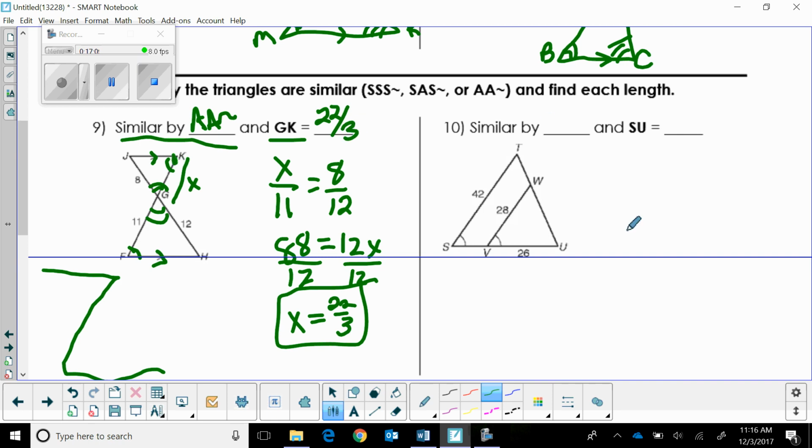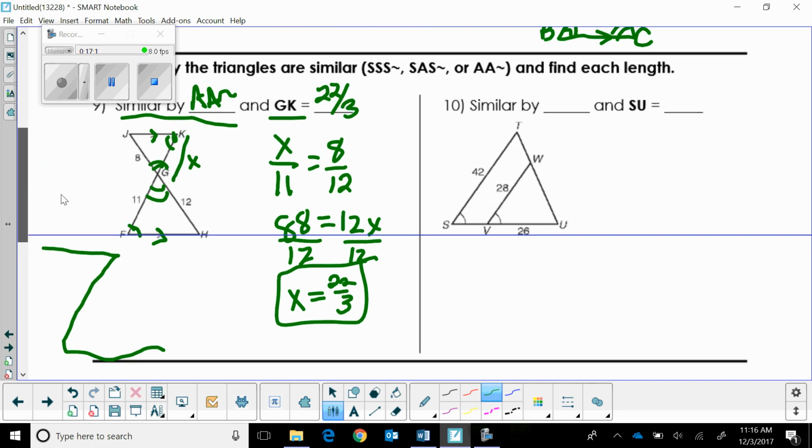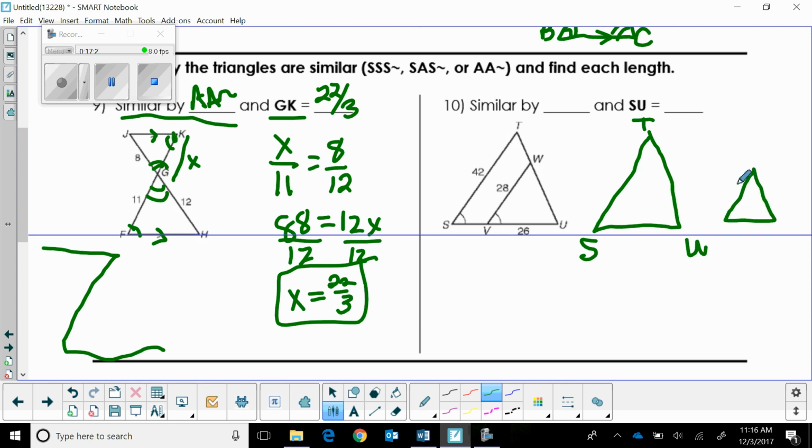Okay, and number 10, let's see if we can figure this one out. Again, we've got overlapping triangles. So let's draw them separately. So this one is S, U, and T, that's the big one. Let's draw the similar triangle, V, U, W. Now notice they both contain what angle?